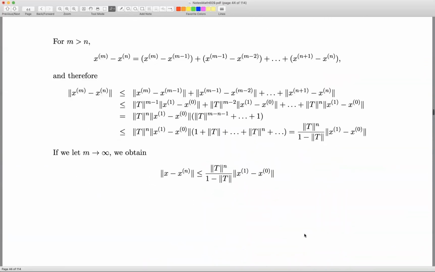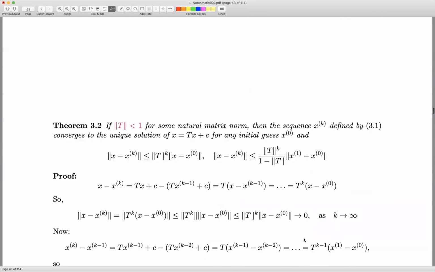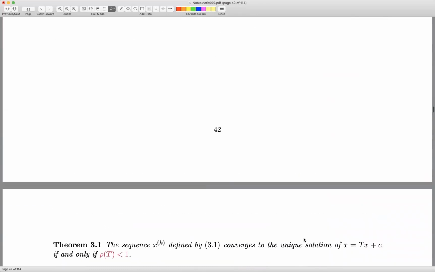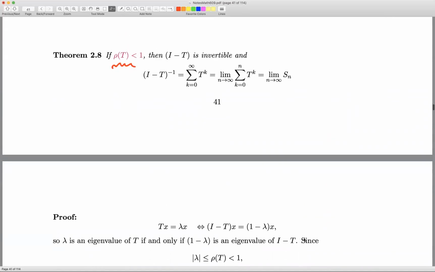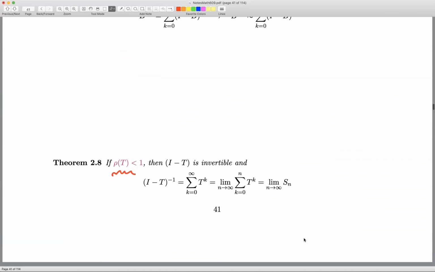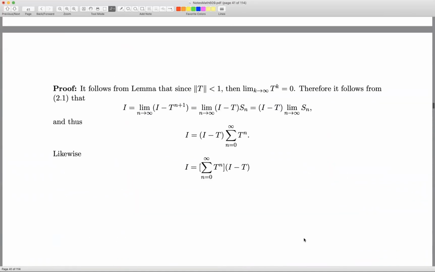And I will show you where we did that. I am going back to where we discussed all sorts of properties of the spectral radius of a matrix.